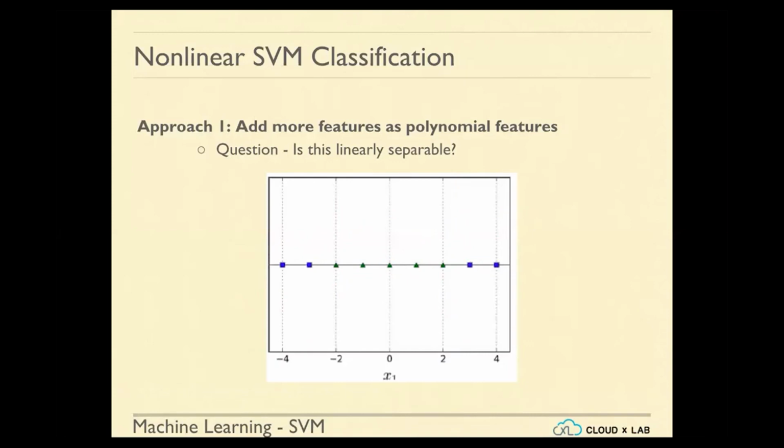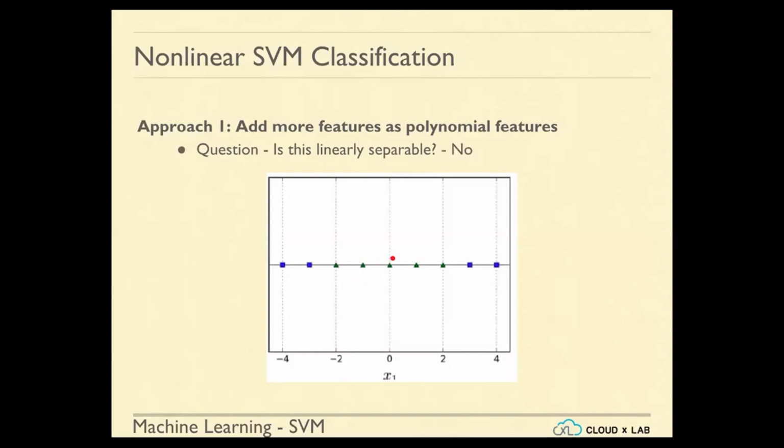No, right? It's a very interesting part that here we're not able to separate it using a straight line, correct? Why? Because the data is not as simple as it looks.